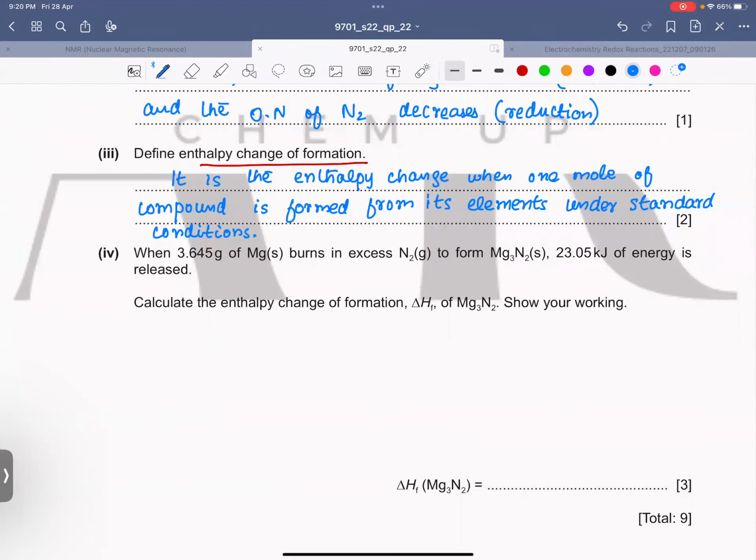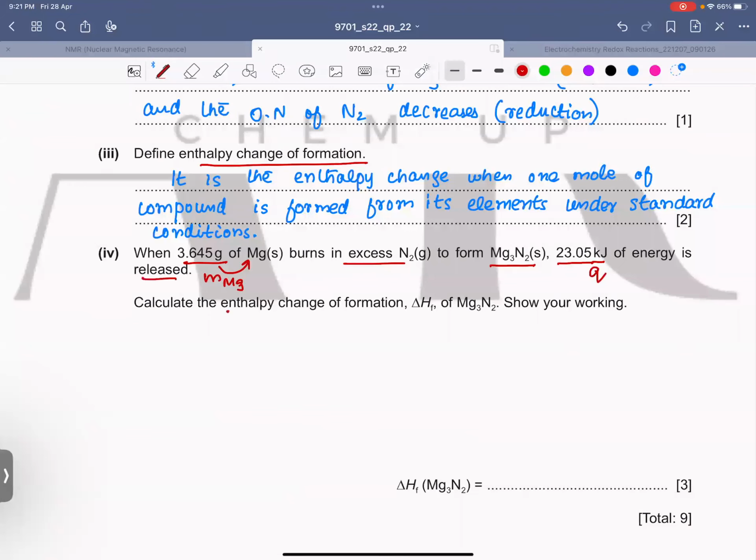Okay, now next part. When 3.64 gram of magnesium, so it's the mass of magnesium over here, burns in excess nitrogen to form magnesium nitride, 23.05 kilojoules of energy, so it's a Q, is released.